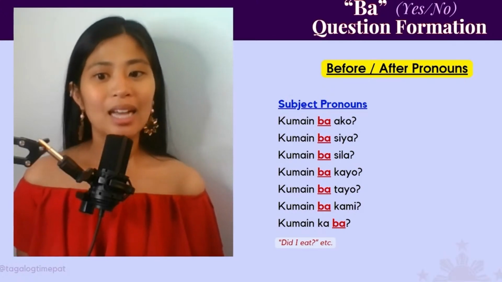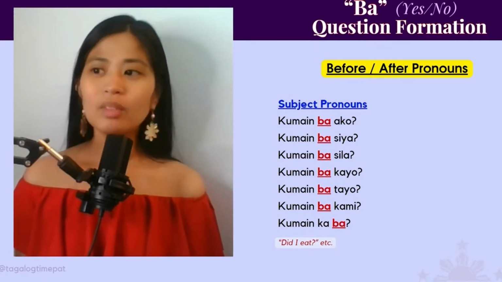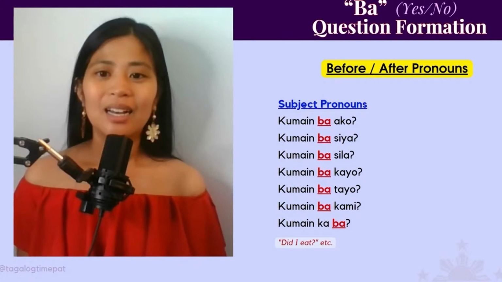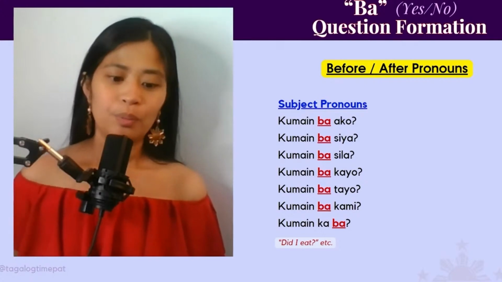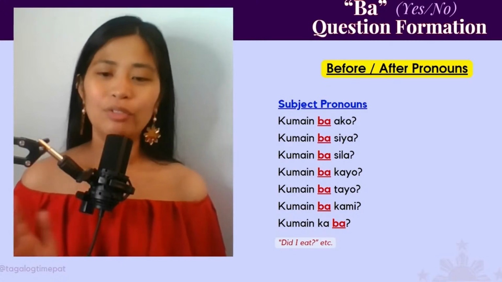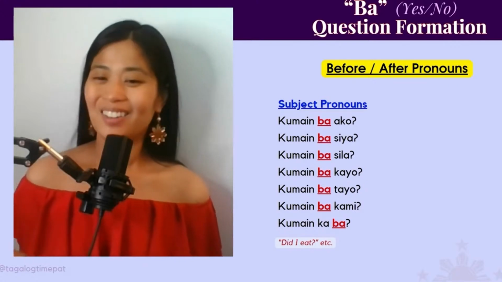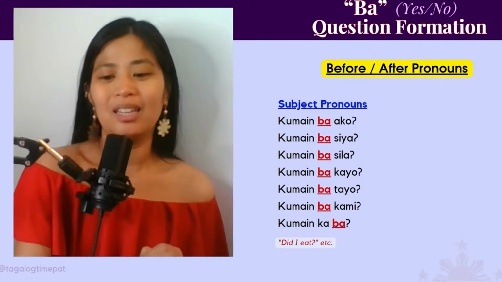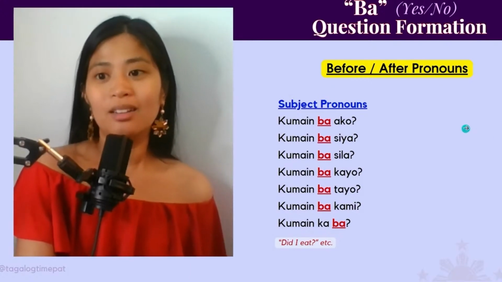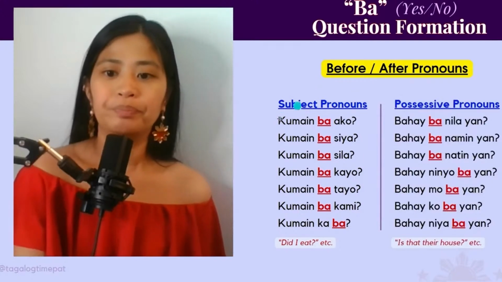Why is it ka has to go before the ba? It's just one of those things that has been a pattern in the Tagalog language. So just take note of that. Again, if you happen to say kumain ba ka, that's not correct, but someone will correct you, hopefully. So don't be scared of making the mistake. Just know that there are certain times when ba goes before or after.